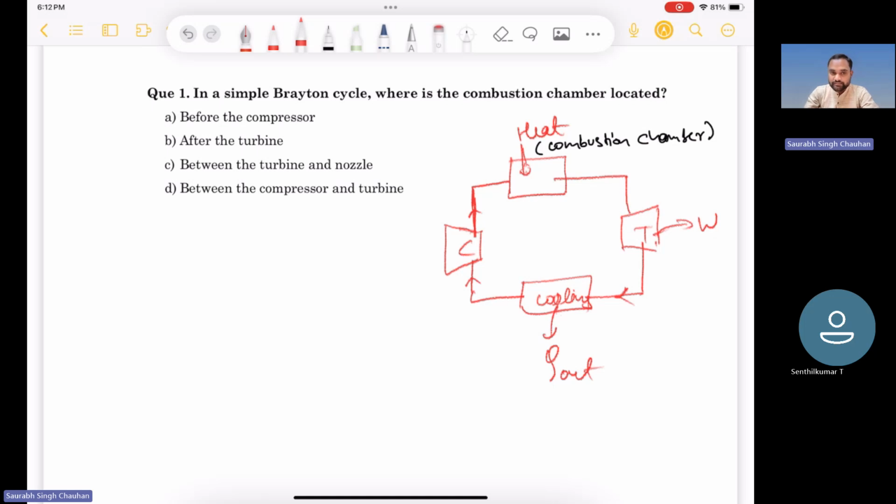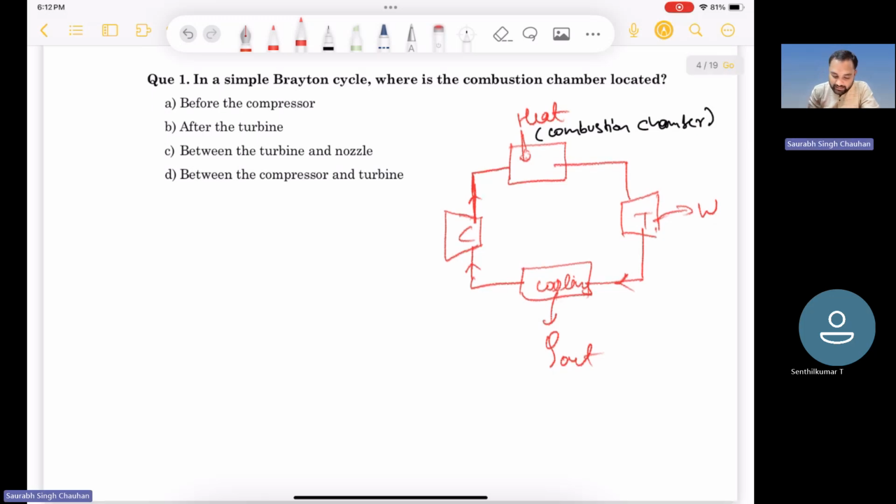It is similar to our IC engines. In IC engines, in every cycle we are getting fresh air. Just for the ideal cycle, we make this type of diagram, but in the actual case, it is an open cycle. In the ideal case, we consider only air as the working fluid, but in the real case, we are adding some fuel.